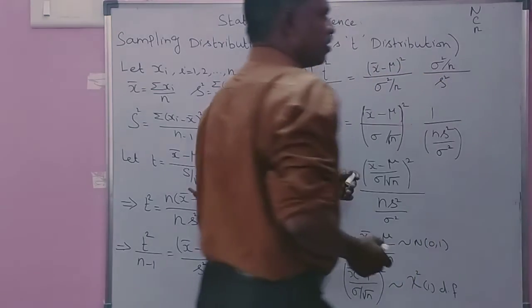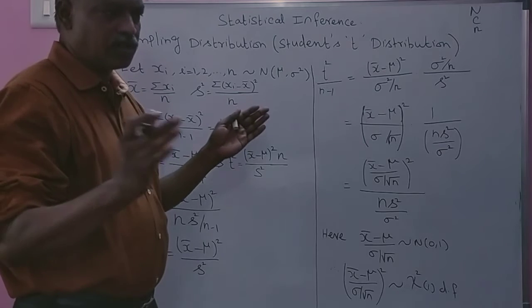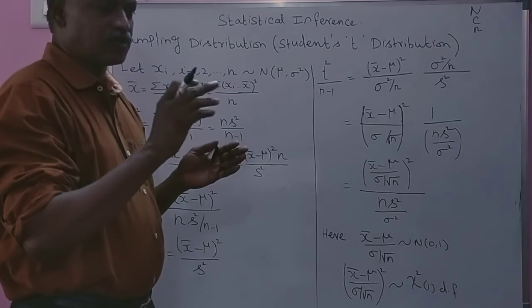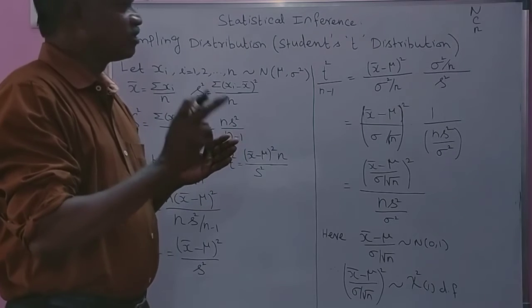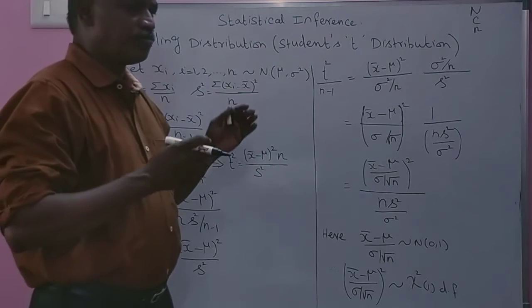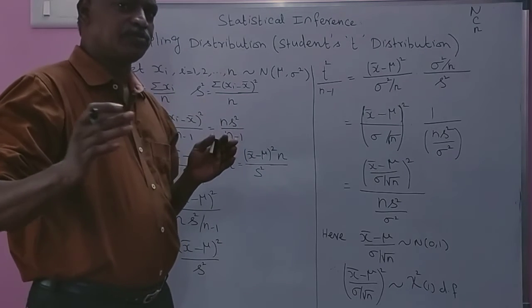For each sample, we can find one statistic. If we collect all the possible statistics, it forms one frequency distribution. That frequency distribution is nothing but the sampling distribution. So for several statistics, there are several sampling distributions.